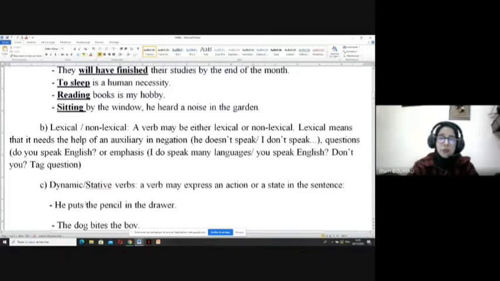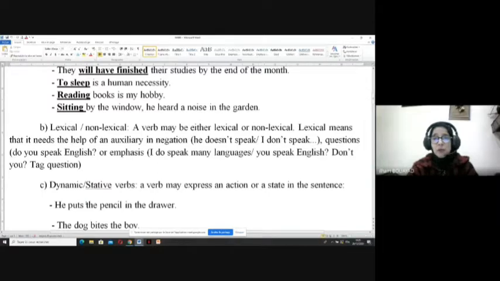So a lexical verb needs the help of an auxiliary in negation, questions, emphasis, or tag questions, etc. You speak English, don't you? Okay, so here we have the use of the auxiliary do. So here, we can say that the verb speak is lexical.